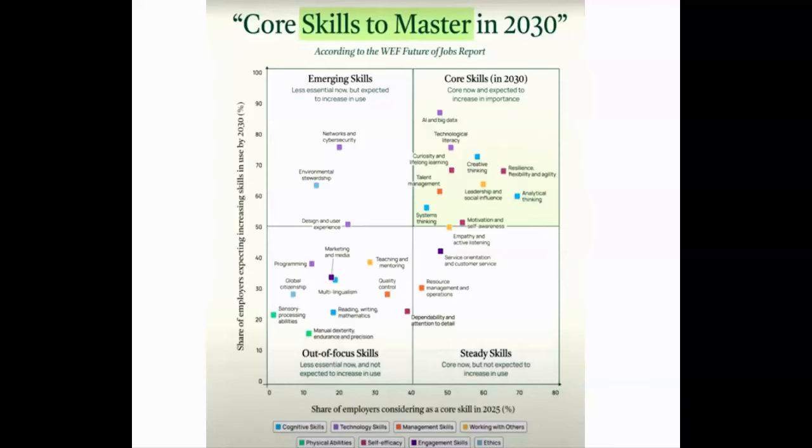AI skills, creative thinking, creativity, resilience, flexibility, agility, curiosity, leadership, interpersonal skills, motivation, self-awareness, systems thinking, empathy, active listening. These are either interpersonal skills, human skills, or your independent judgment, creativity. Okay, so focus on those skills. These skills will not be replaced by AI, yeah? So focus on skills which cannot be replaced by AI.